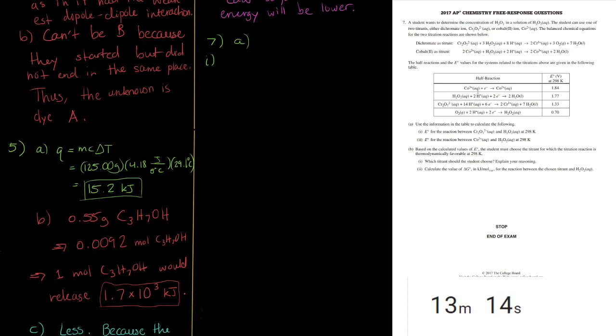The second half reaction that we're given talks about the hydrogen peroxide, and it tells us that we take 2 electrons and we create the water, and the water is what's going on in this equation. For the dichromate, we're creating water, so that tells us this is in the correct direction. How many times do we need this? 3 times. But like we said, that's not going to actually change the E value.